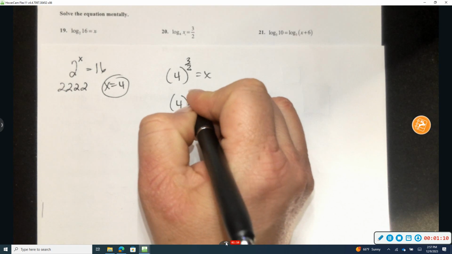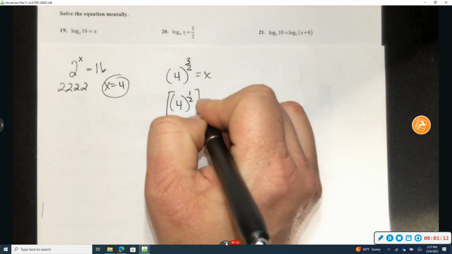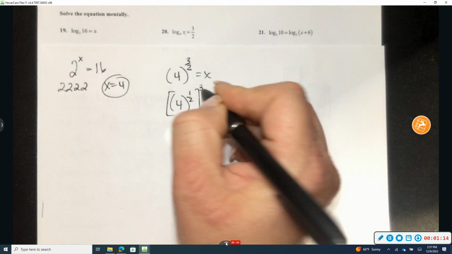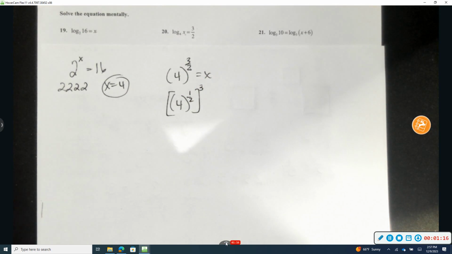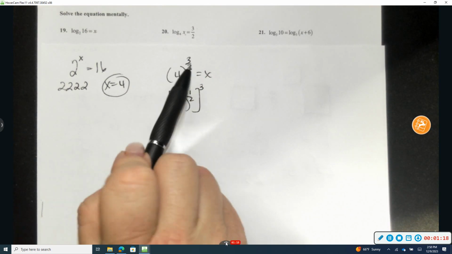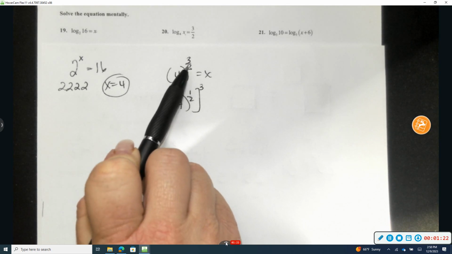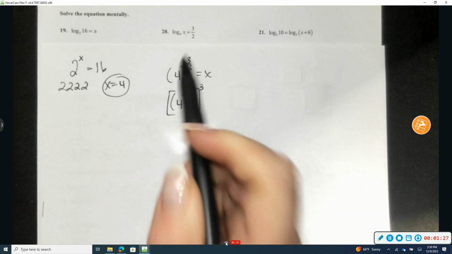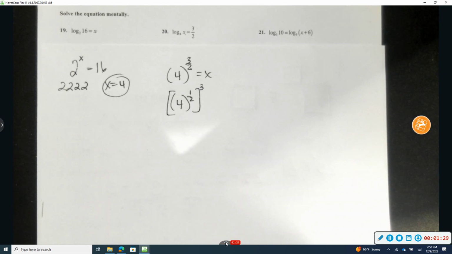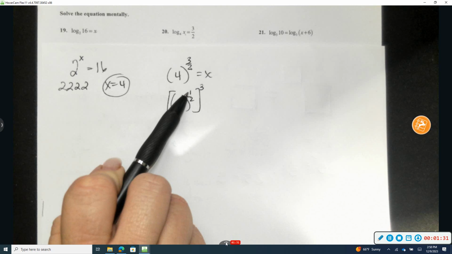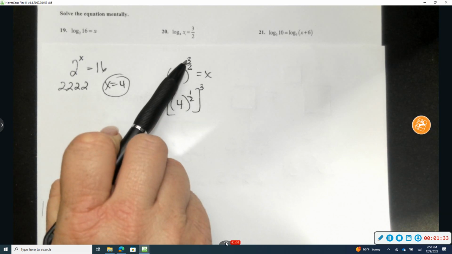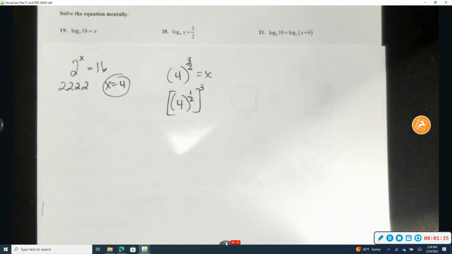So I'm going to write it as 1/2, and I'm going to take the top value and write it outside. Once again, when we have to evaluate and we have a rational exponent, we always evaluate using the bottom number first. Doesn't matter if it's a larger number or a smaller number. So it's 1 over the bottom number, in this case 1 over 2, and I take the top value and put it on the outside.